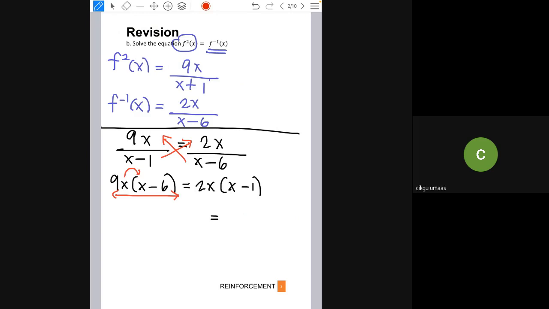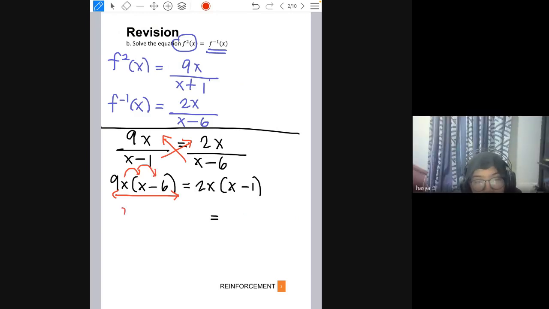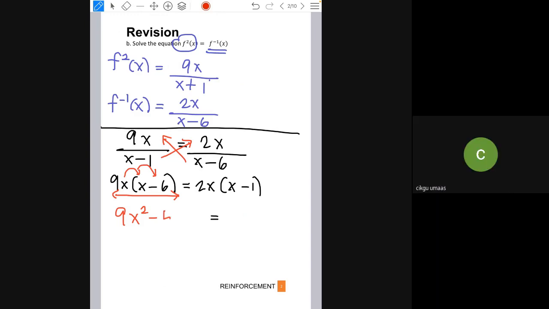When you bring the 9x inside, what do you get? I got 9x squared minus 54x. Very good. Okay, now we do the same thing for the other one. So I'm going to get 2x squared minus 2x.